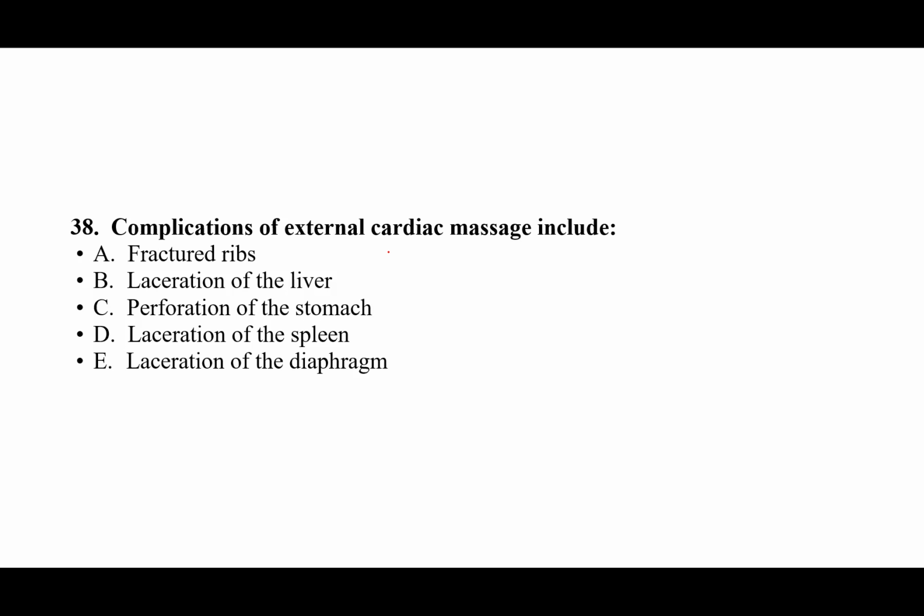Okay. What is a complication? You can fracture the rib, is that also? Yes, sir. You can lacerate the liver, is it true? Yes, sir. Can the stomach perforate? Yes, sir. Are you sure? That one is from a fractured rib. That one is a hollow viscus that is protected by the diaphragm. Okay. What of the spleen?